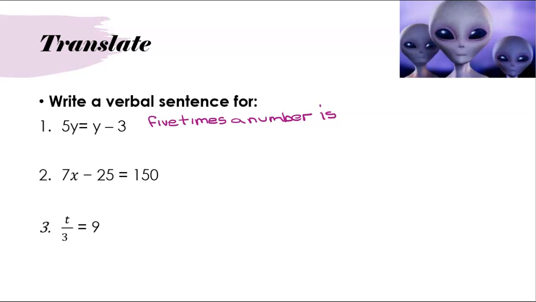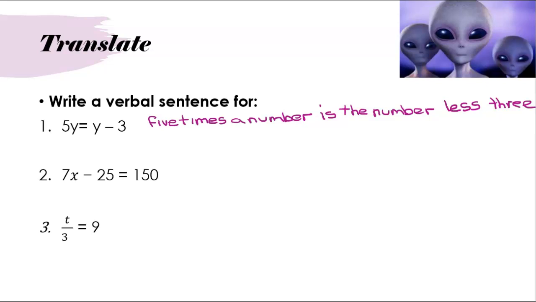What's this? The number, y, is the number less 3. That's another word for subtract. That's a long sentence. 5 times a number is the number less 3. There's other ways you could write that, but that would be the way I would write it.